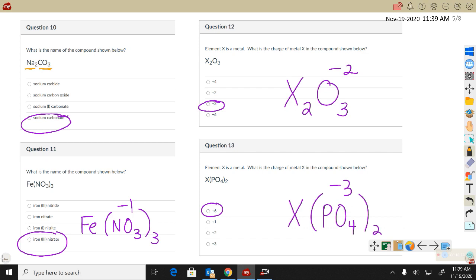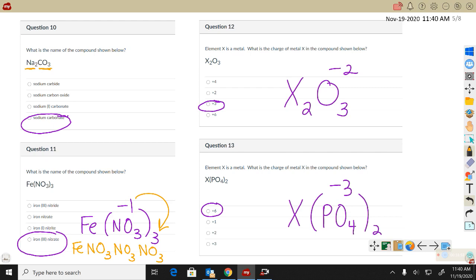Nitrate is minus 1. In this formula, there are 3 groups of nitrate. Another way of writing this would be like Fe, NO3, NO3, NO3. But that just gets to be a little bit annoying. So we shorten it up by saying, oh, 3 groups of nitrate, let's just put it in parentheses.